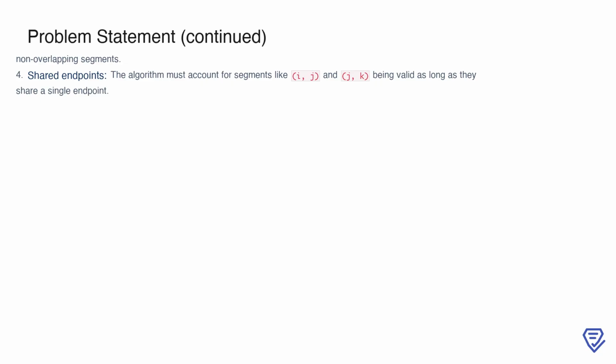In this case, the algorithm must carefully account for the limited number of points available. Additionally, shared endpoints must be handled correctly. For example, segments like i, j, and j, k are valid as long as they only share the endpoint j. The solution must ensure that all these edge cases are addressed while maintaining efficiency.